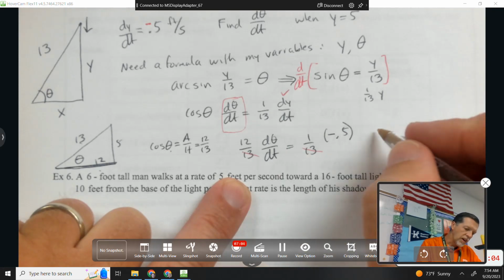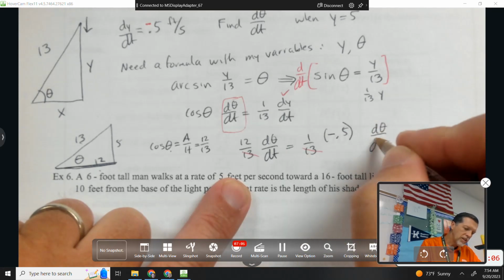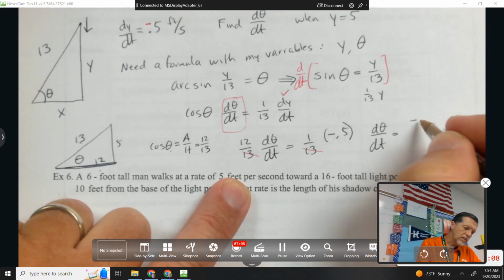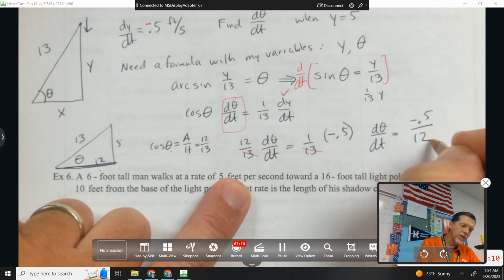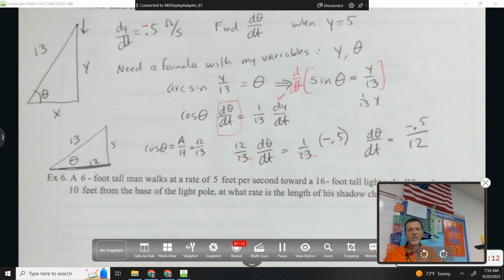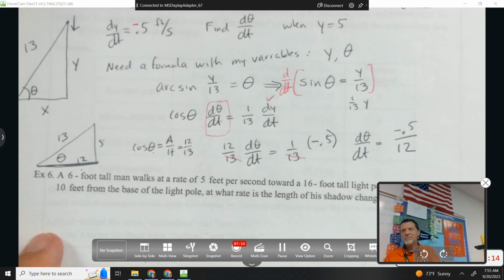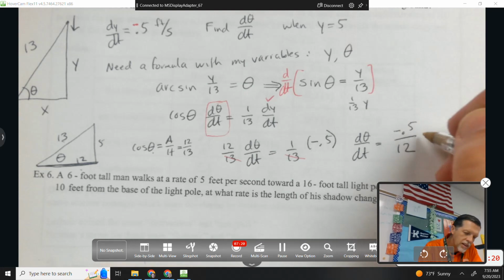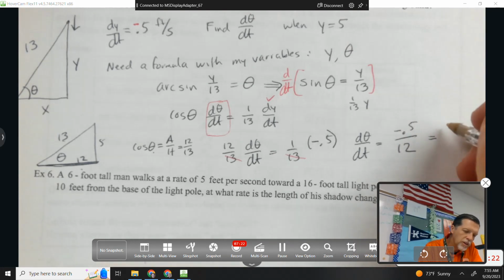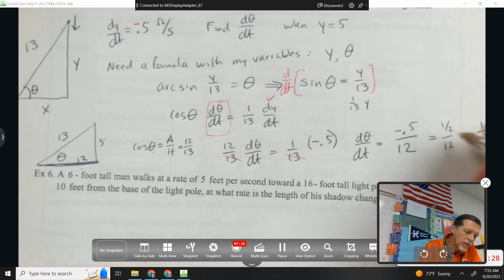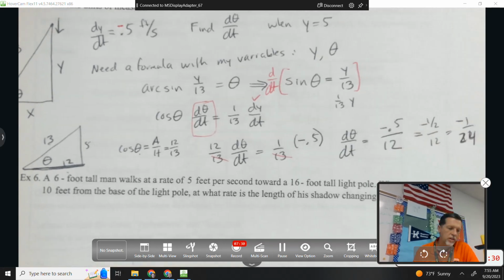And then divide both sides by 12. d theta/dt is negative 0.5 over 12. That's kind of a weird answer, but we are okay with weird answers. Multiple choice, that'd be 1/2 over 12, so that'd be negative 1/24.